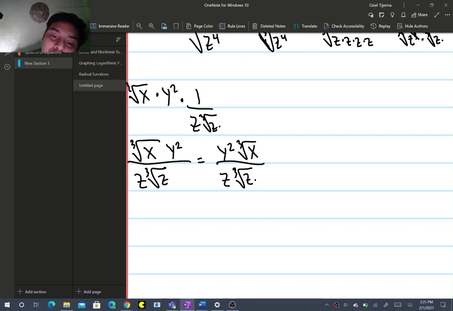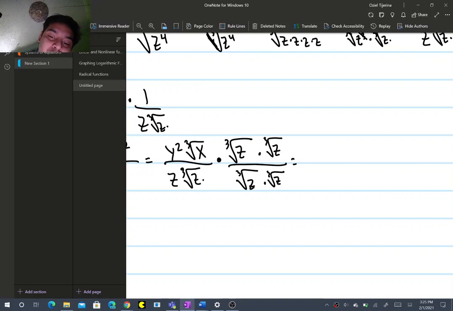What you're gonna do is multiply. We need 2 more radicals of cubed root of z, so we need to multiply by the cubed root of z twice. That'll get rid of the cubed root of z on the bottom.